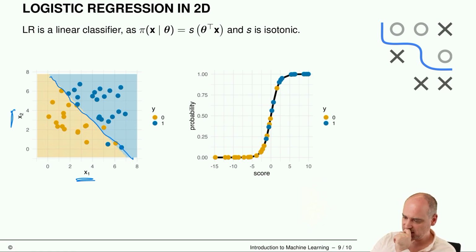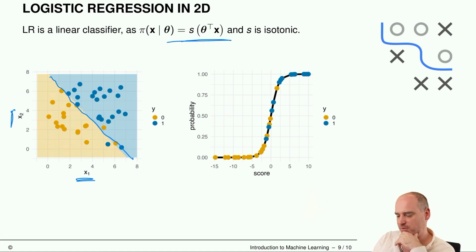And this is also easy to prove now, because you can see that we have this linear structure here, theta transpose times x. And then the only other thing in there is this S function, which is an isotonic function, so a monotonically increasing function. So if we take the inverse of that, the linear structure remains, and that was exactly our definition of what a linear classifier is.